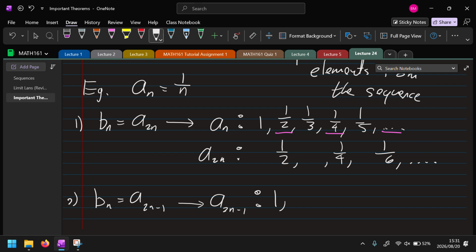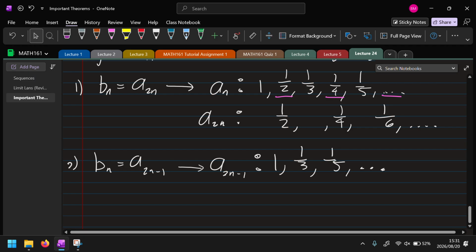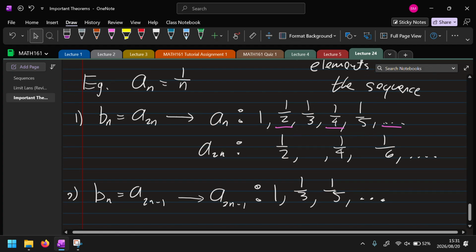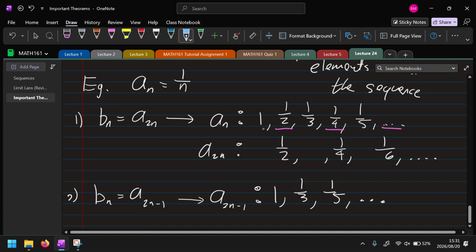When n is 2, 1 over 3. Next one, 1 over 5. And so on. We see that this function, the 2n minus 1, will pick out all of the odd terms. So 1, a third, a fifth, and so on.